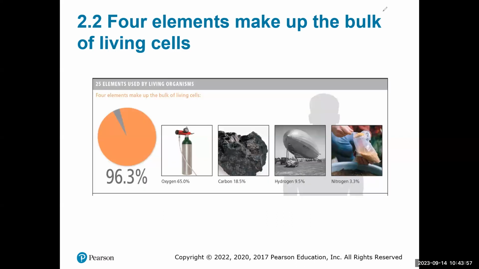Okay, now 4 elements make up the bulk of living cells. Those are the ones that were in orange. So I want you to know these: oxygen, carbon, hydrogen, and nitrogen.